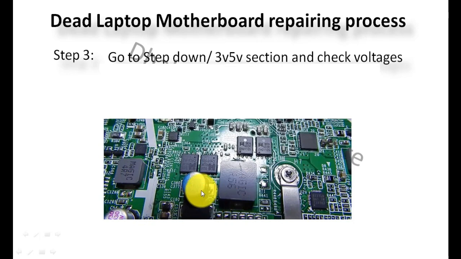Of course, you first have to insert the adapter. If there is no voltage in the coils and even in standby ICs near the non-polar capacitor, then there may be a problem in the voltage section. I have another video on this channel about the laptop motherboard charging section. In that video, you will get the ways to find out voltage section problems. If the 3V 5V section is okay with voltages, then go for the next step.